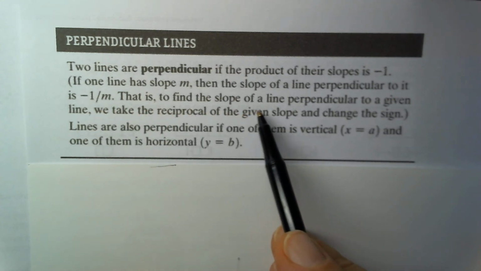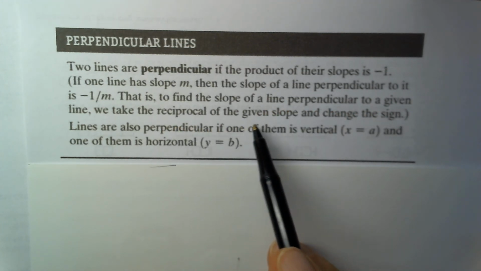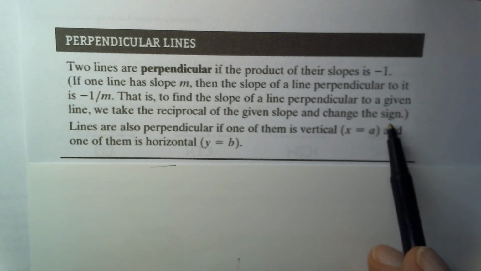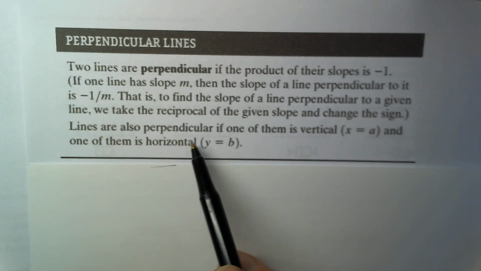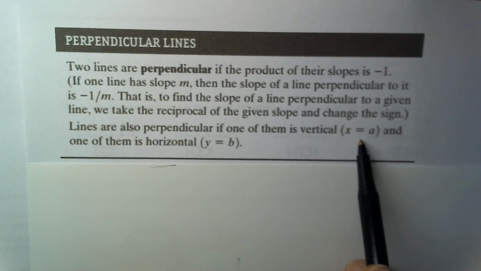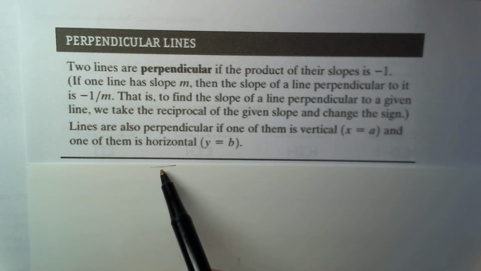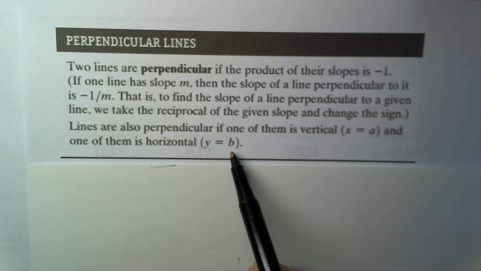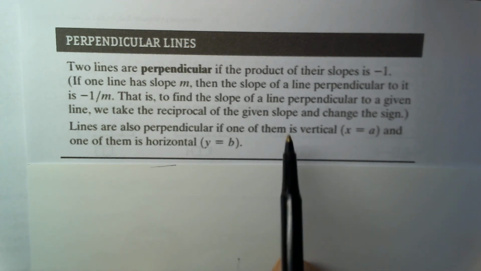That is, to find the slope of a line perpendicular to a given line, we take the reciprocal of the given slope and change the sign. So lines are also perpendicular if one of them is vertical, like of the form x equals a, and one of them is horizontal, y equals b. So horizontal and vertical lines are perpendicular.